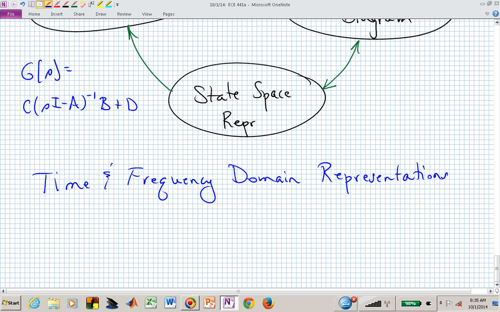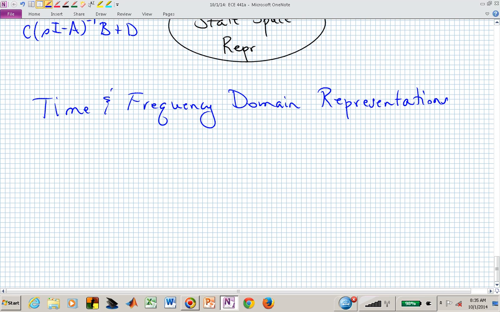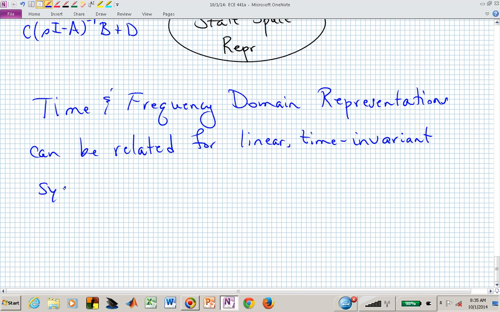When I say time domain, you might think all-integrator block diagram, state space, or differential equations. We can actually relate those. The time and frequency domain representations can be related for linear time-invariant systems.